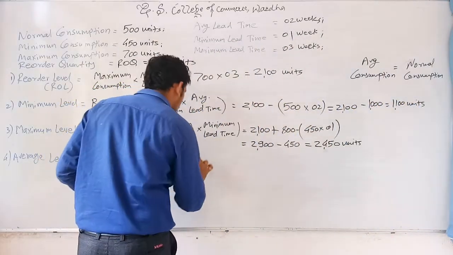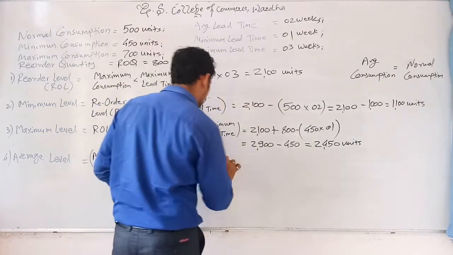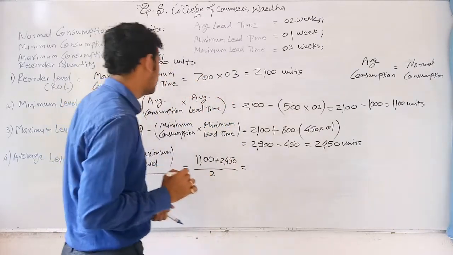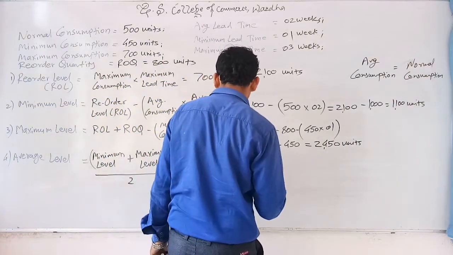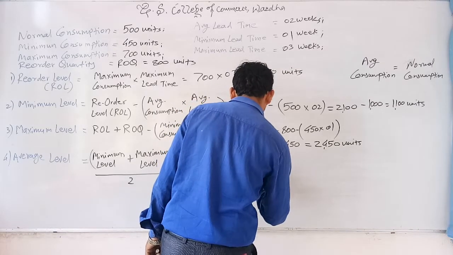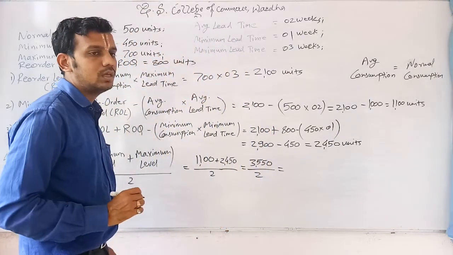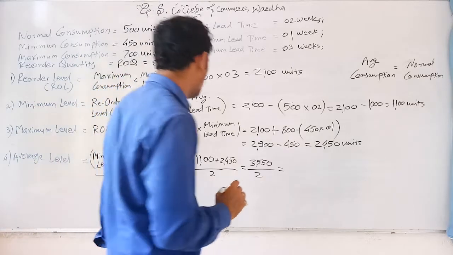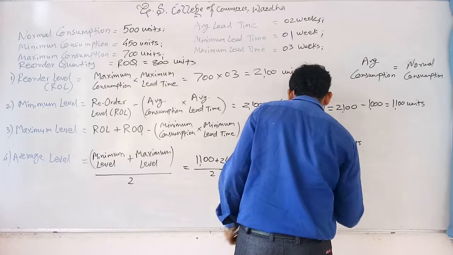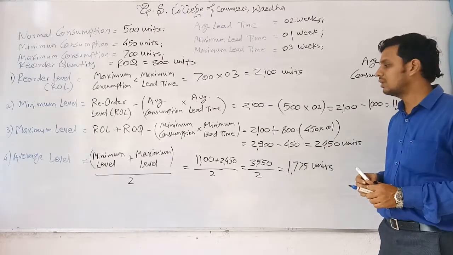Minimum level we have calculated as 1100 units plus maximum level we have calculated as 2450 units, divided by 2. 1100 plus 2450, the sum becomes 3550 units divided by 2. Again we have to simplify it. 1775 units is our average level of stock.